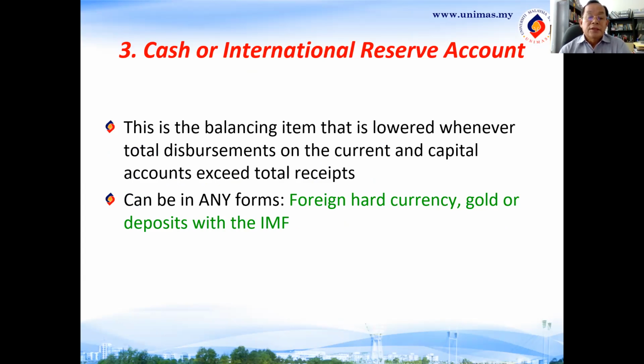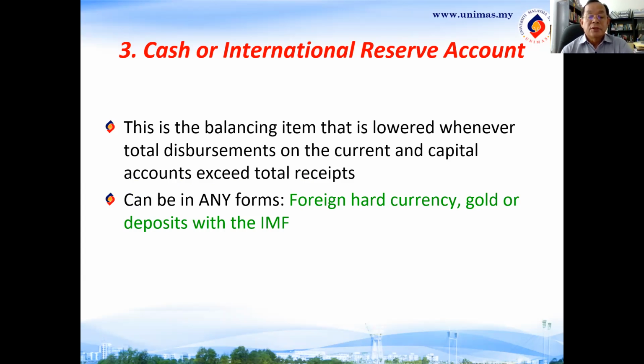So this is actually the balancing item, which is lowered whenever the total disbursement on the current and capital accounts exceeds the total receipts. So if the receipts are less, then the value of the reserve will be reduced.